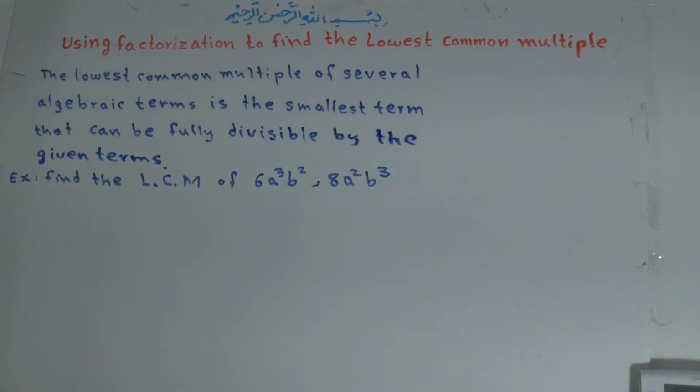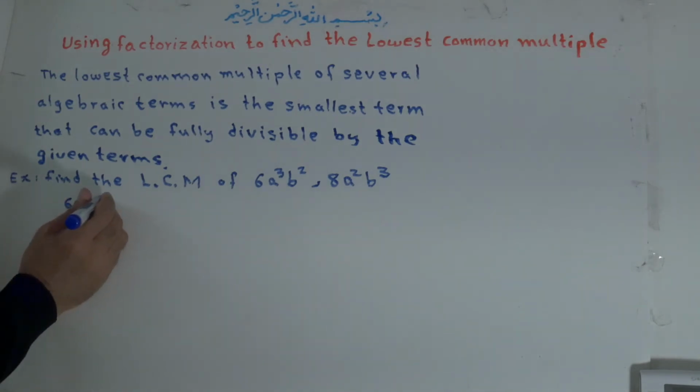Now what we do, we first factor both of them, the numerical part and the literal part separately. The numerical part we all know how to factor from arithmetic. Now we write here 6 and 8.